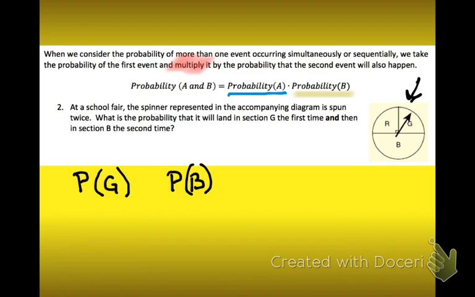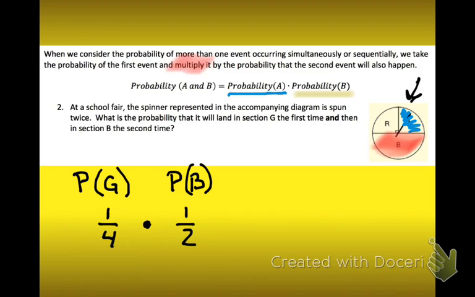Well, you'll notice over here that the G section is 1/4 of the whole spinner. You will also notice that the B section, this bottom part here, is 1/2. So if you want the probability of G and B happening, you're going to go ahead and multiply those.